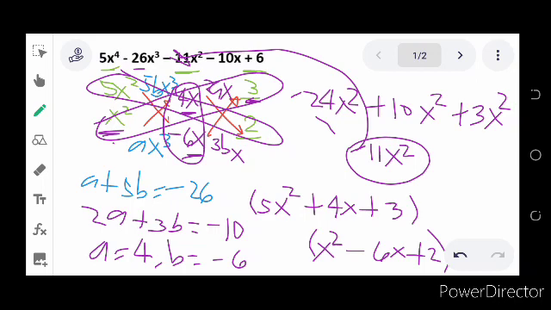Now, take note, we factor until we can no longer factor. We can no longer factor 5x squared plus 4x plus 3. We can no longer factor x squared minus 6x plus 2. Now, it seems to have two factors here. Algebraically, there's no way for us to get the other two factors, because the other two factors no longer have real number roots.